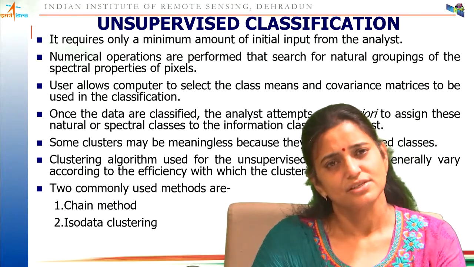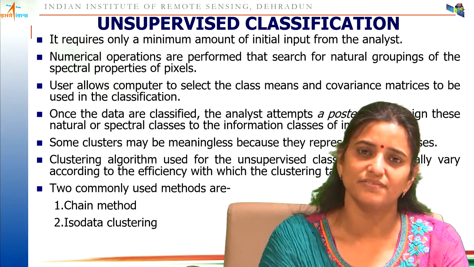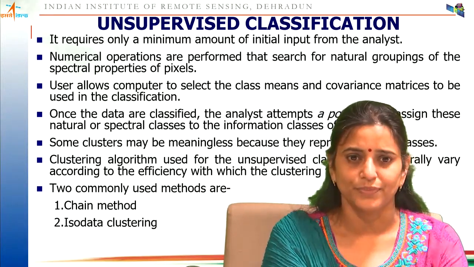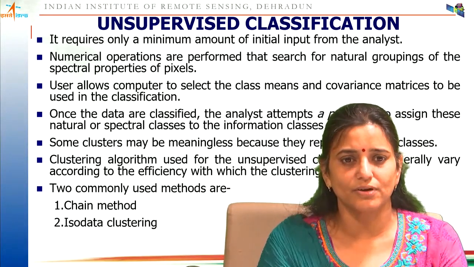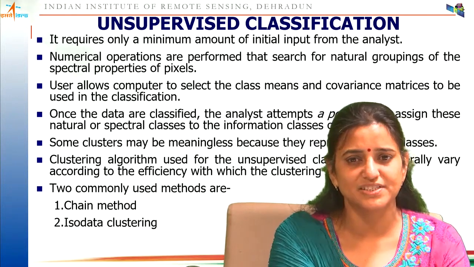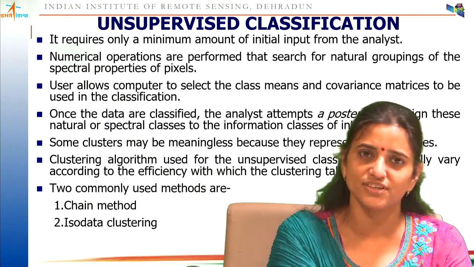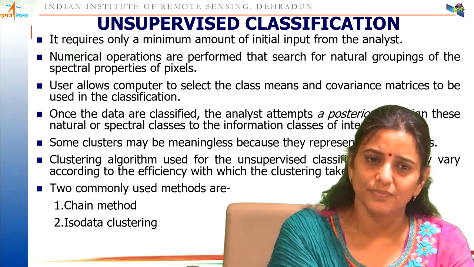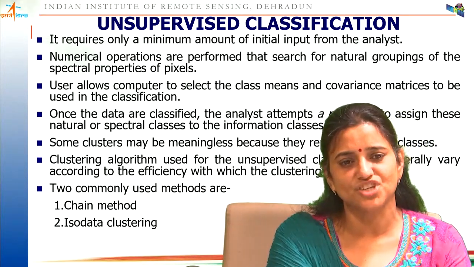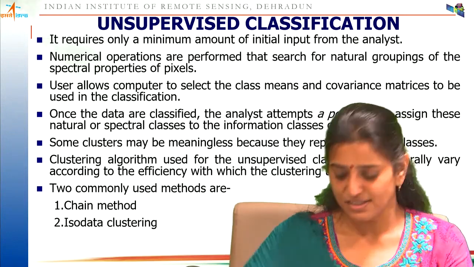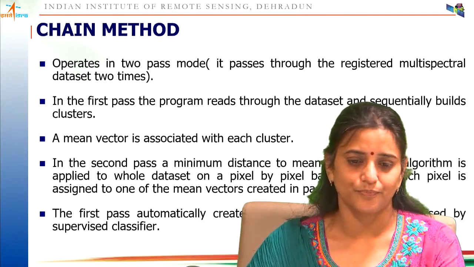In the second stage, a simple minimum distance to means classification algorithm is run. The clustering algorithms used for unsupervised classification generally vary according to the efficiency with which clustering takes place. Commonly used methods are the chain method and ISODATA clustering, which we will be discussing.